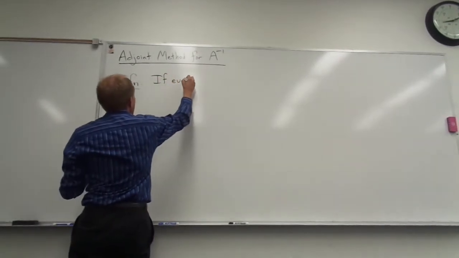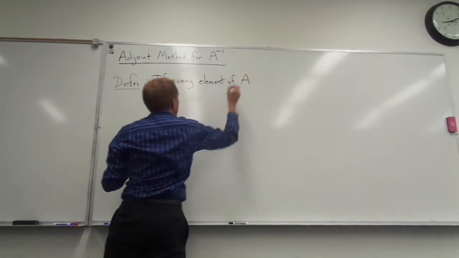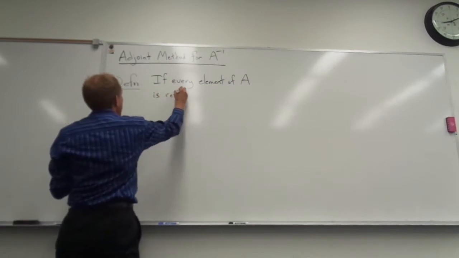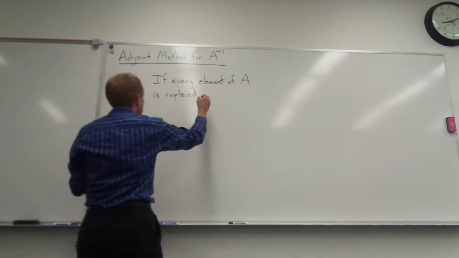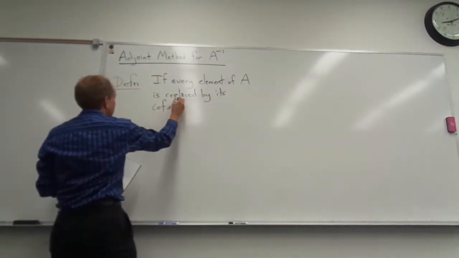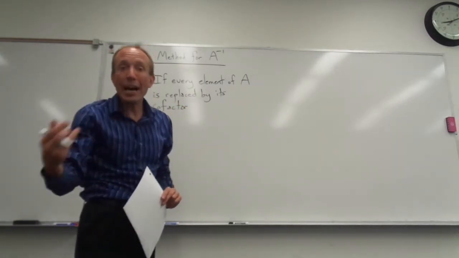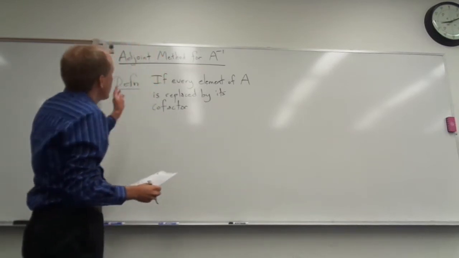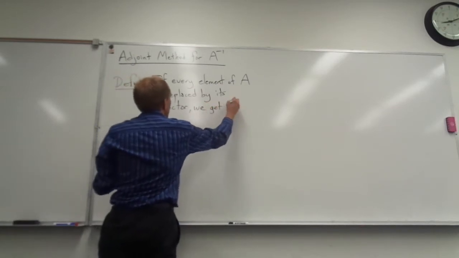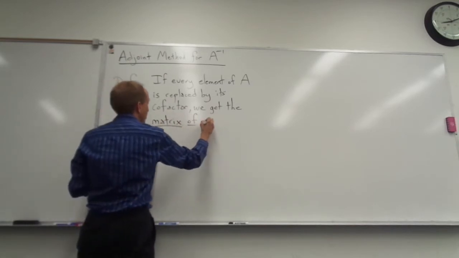If every element of A, so we take the matrix A, which is a square matrix, of course, is replaced by its cofactor, so in other words, we're going to replace Aij with Cij, the ij cofactor, then we get what is called the matrix of cofactors.